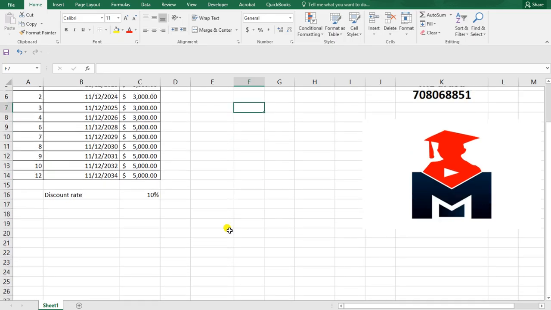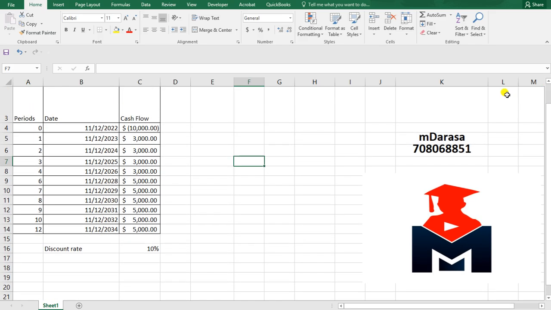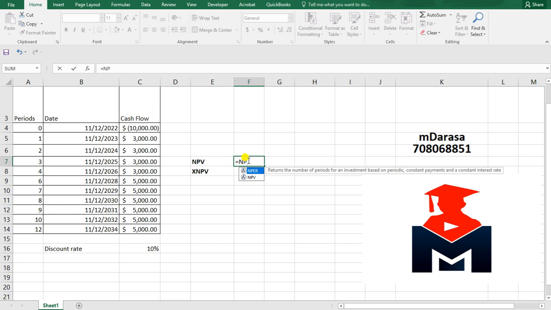So if I told you to look at a question here, I'm having NPV, I want us to get the difference, and you're having XNPV. Using our formulas, to start with NPV, I'm going to take my rate to be 10%, which is given as our discount rate.